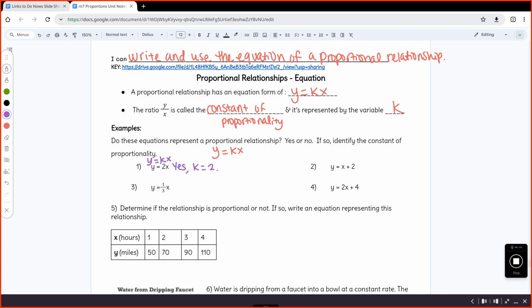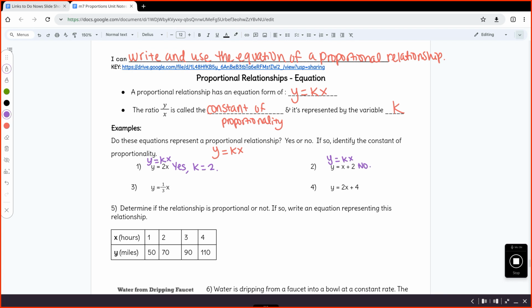And number 2, if you write y equals kx, you'll notice that this equation does not look like what is given here. There's a plus sign here, and in our initial equation, there is no plus sign. We're multiplying. So this is not proportional.